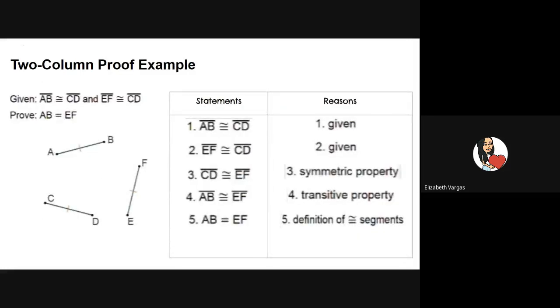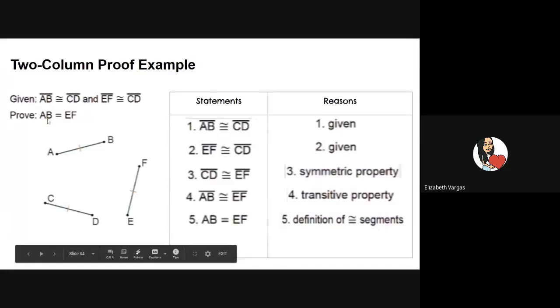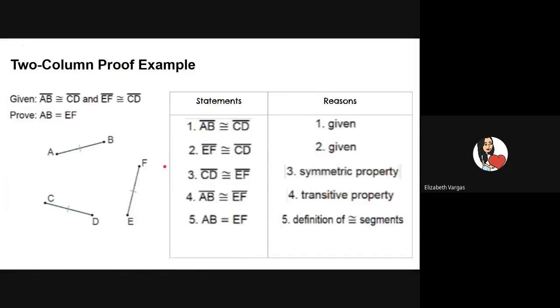So here's an example of a two-column proof, and we're actually going to see how this proof can change depending on what format we're using. And like before, you always start with your given, and then you always end with what you're trying to prove.